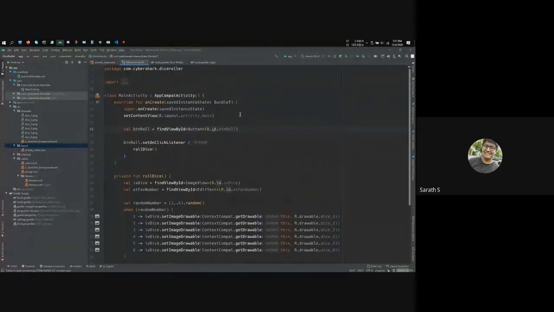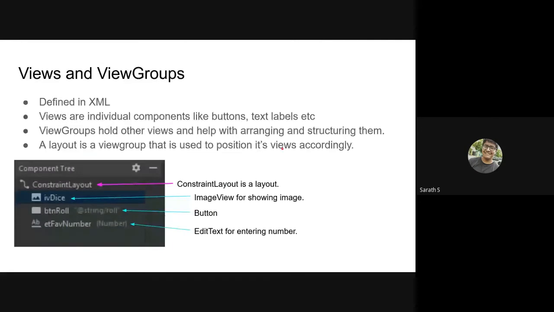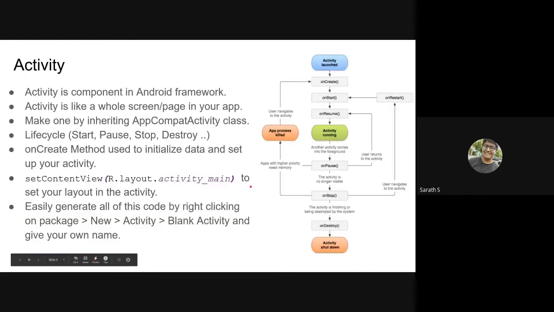Then coming to activities, as I said in the last session, this slide is about what I was telling right now about layouts and views. And then coming to activities, as I said in the last session, if you have listened, activities are basically like a whole screen or a page of an app.